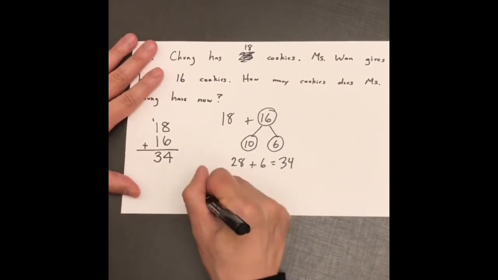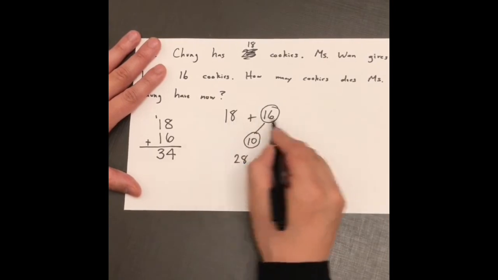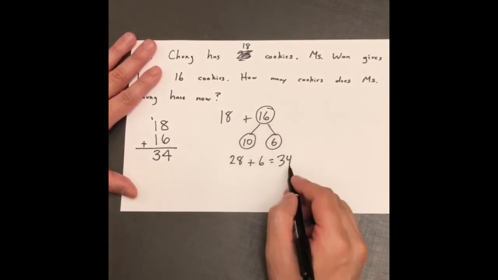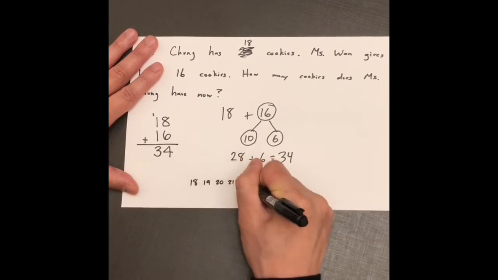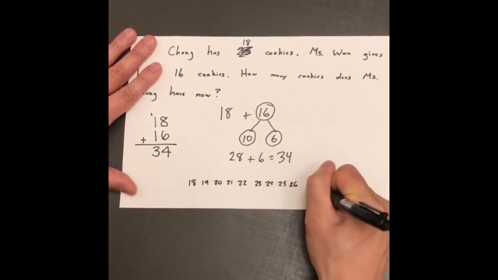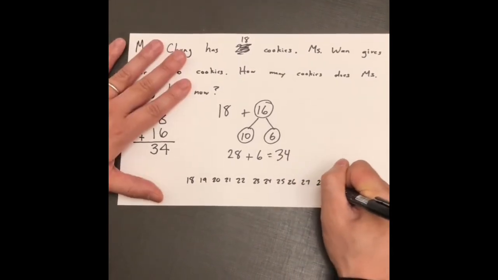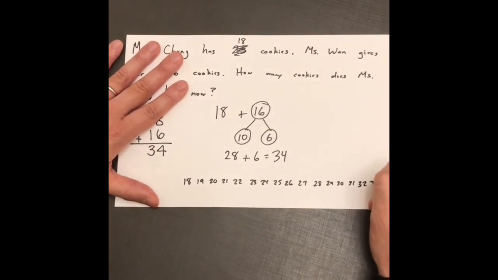Maybe another way, Miss Chung, I know it's a lot. The jump strategy: start at 18 and go all the way 16 more to get to 34. 18, 19, 20, 21, 22, 23, 24, 25, 26, 27, 28, 29, 30, 31, 32, 33, and 34.